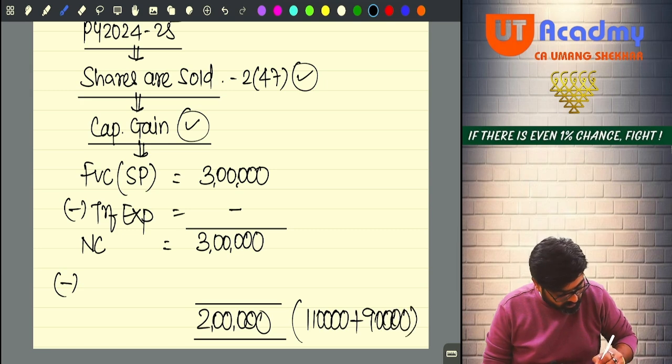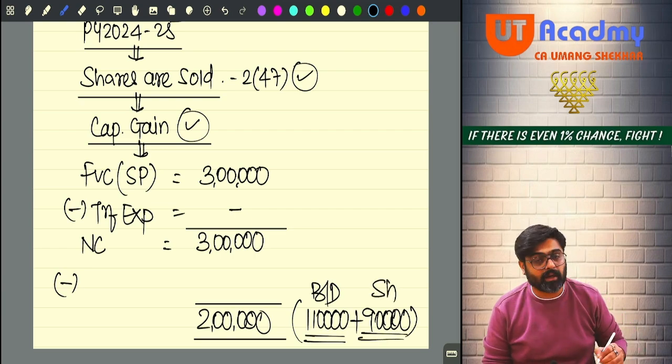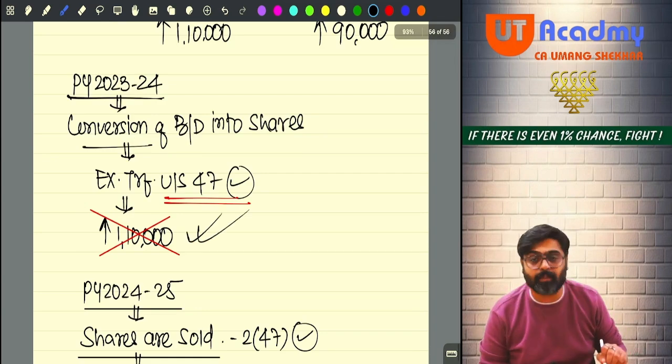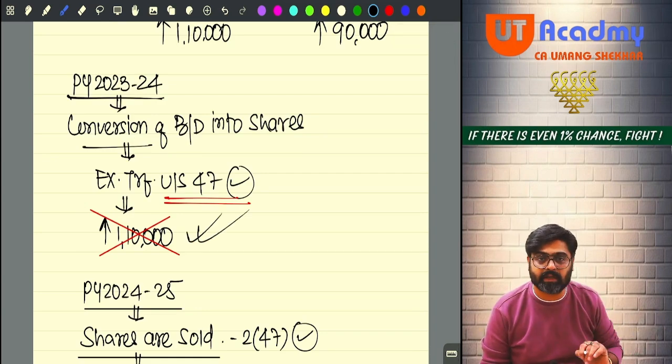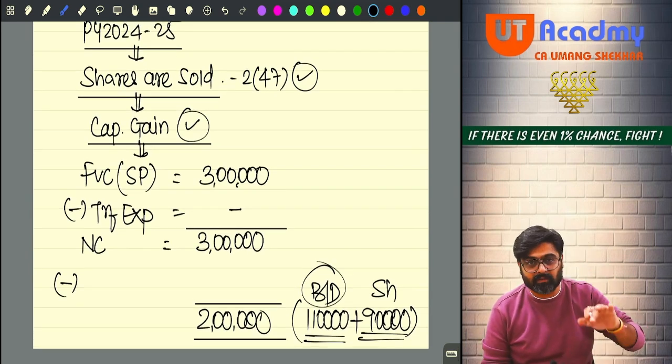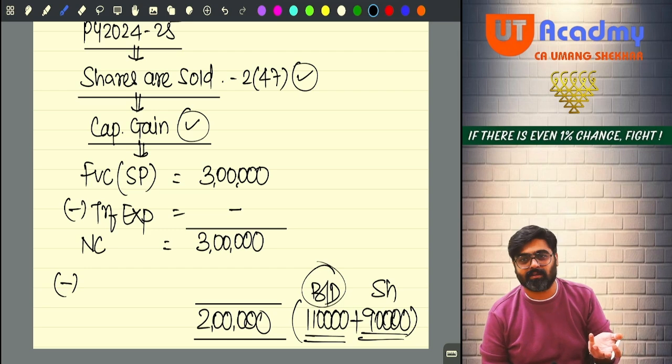This is the gain for the period of holding of bonds or debentures. This is the gain for the period of holding of shares. This we exempted. Do you remember here? See, this we exempted. This also is realized right now. This also we want to charge. And the gain for the period of holding of the shares, anyways we are going to charge.